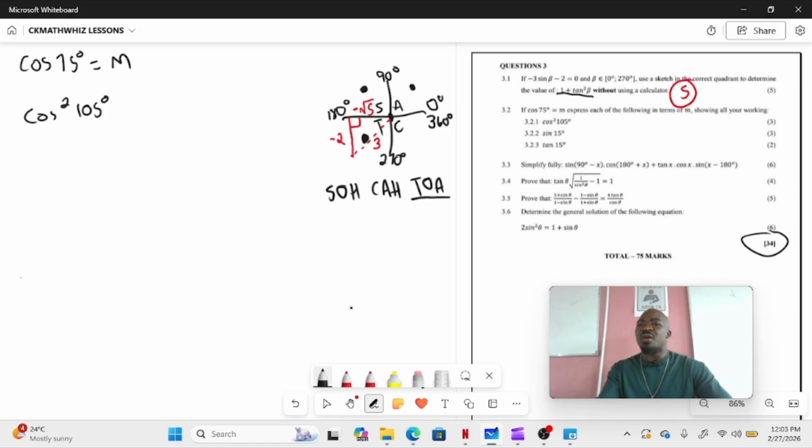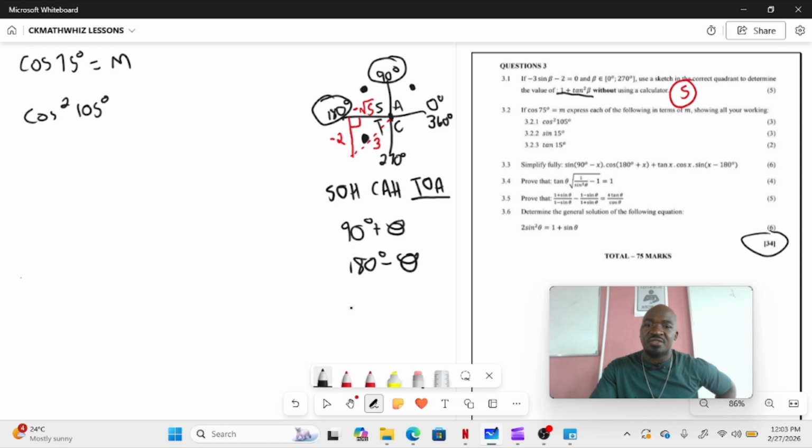Now, we find 105 between 90 and 180 degrees. Understand? And we know the reduction formula between 90 and 180 is 90 degrees plus theta, or 180 degrees minus theta.